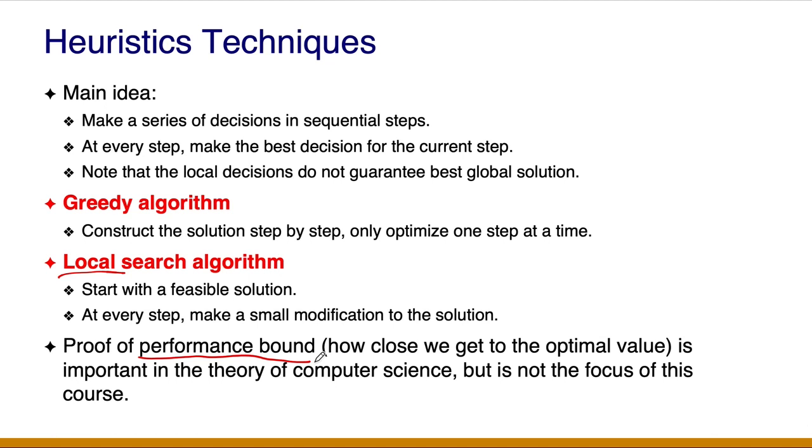So we will not focus on those theoretical issues. So the next step, we will try to look at how we can apply the greedy principle in designing algorithms for the TSP. Right, so we'll stop here for a short while, and then we'll resume to introduce two different greedy algorithms.